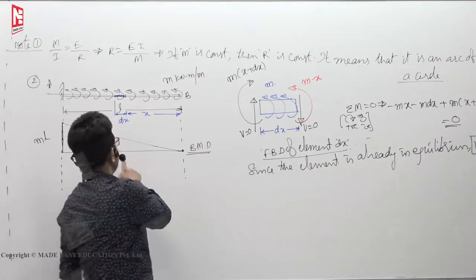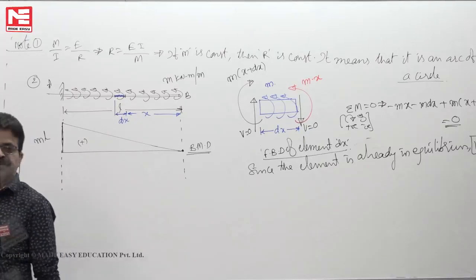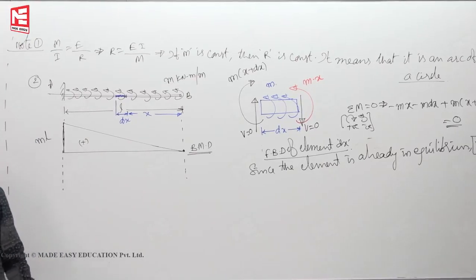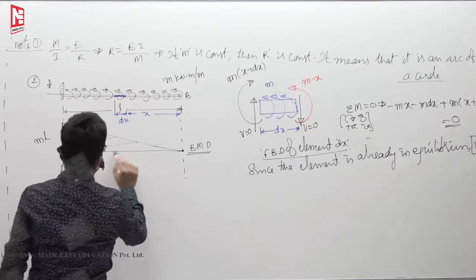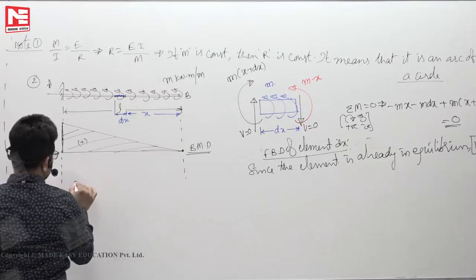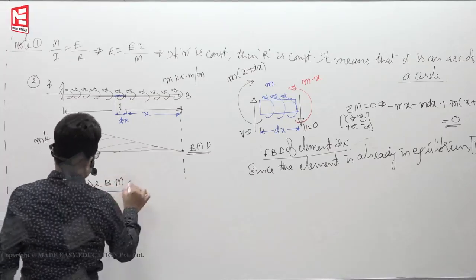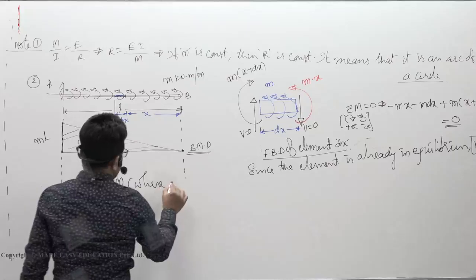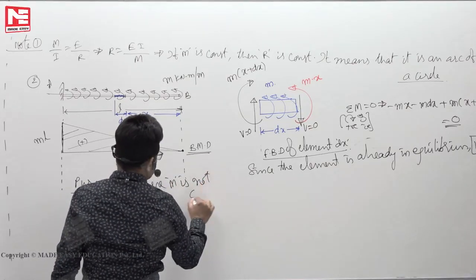This is a case of pure bending moment where m is not constant. This is a case of pure bending moment where m is constant. So, this is pure bending moment where m is not constant.